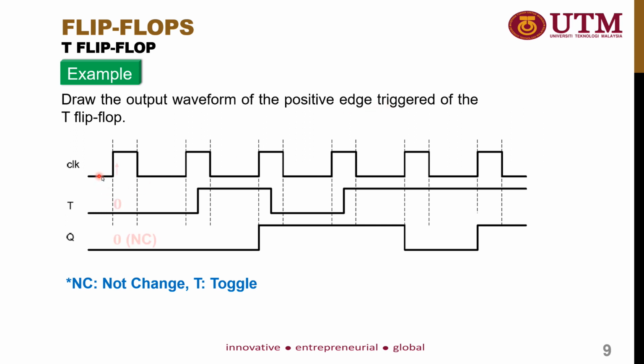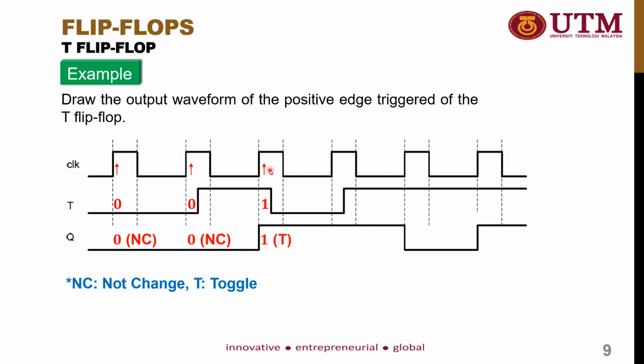At the first rising edge, the input T is equal to 0, so the output Q will be 0 because there is no change in the T flip-flop. We proceed to the next rising edge, which is here. The input T is still equal to 0, so there is still no change at the output Q. Therefore, the output will remain 0.